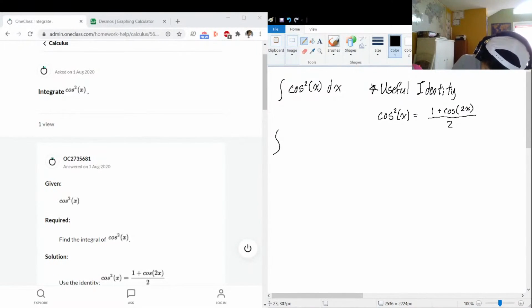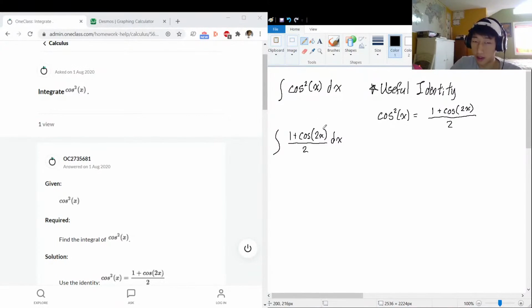Okay, so we have the integral of 1 plus cos of 2 times x divided by 2 dx.